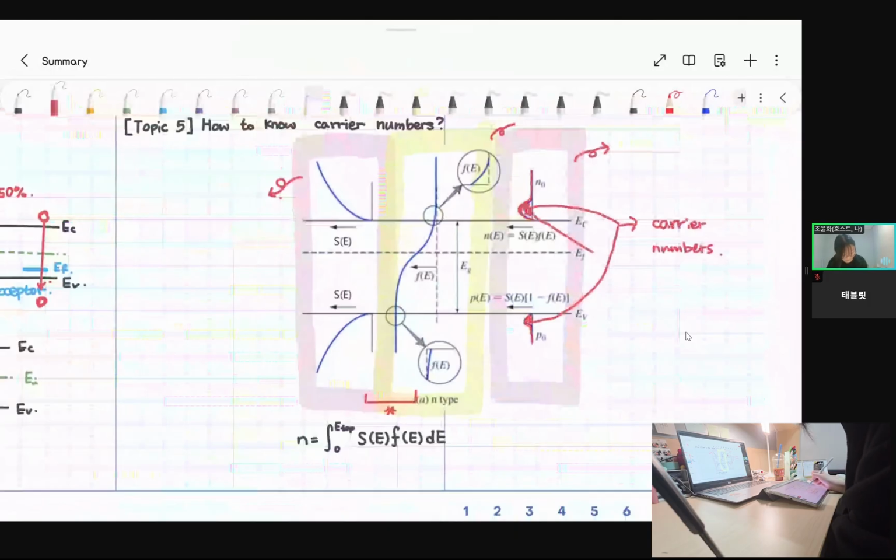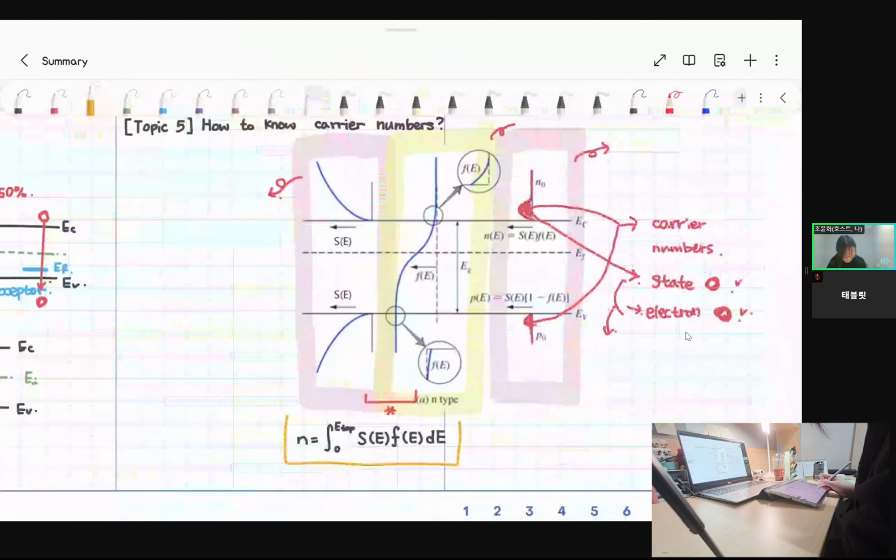That means the state exists and the electron also exists. So by calculating this area, we can know how many electrons exist in the valence band and conduction band area. The formula is under here.